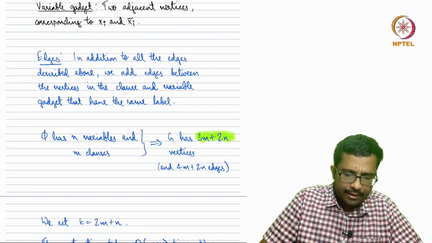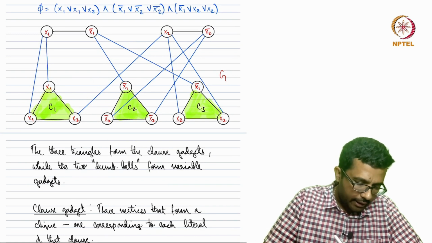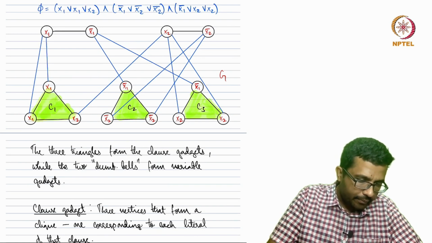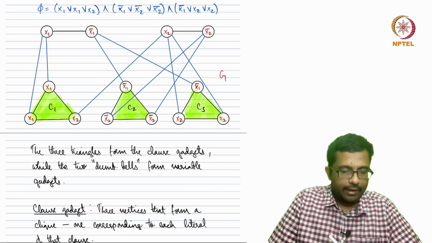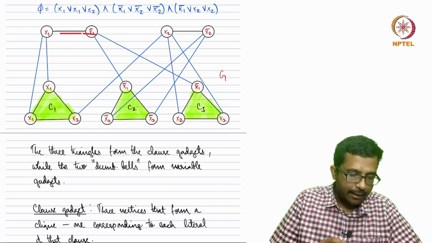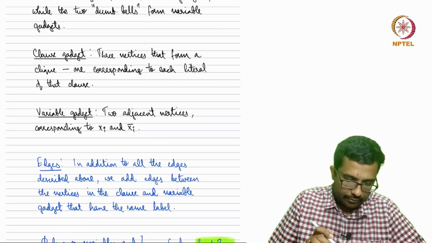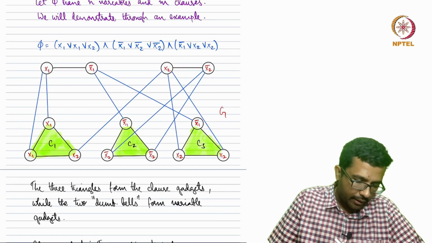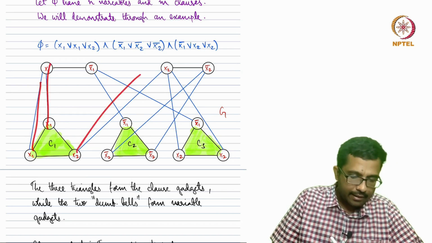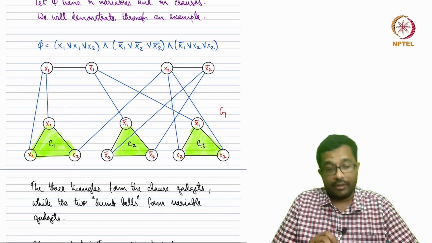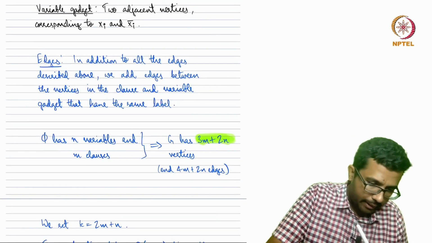The total number of edges is also not very different. Each clause gadget contains 3 edges, each variable gadget contains one edge, so 3m plus n edges, and then further there are again 3m edges going across. So I think I made an error here.